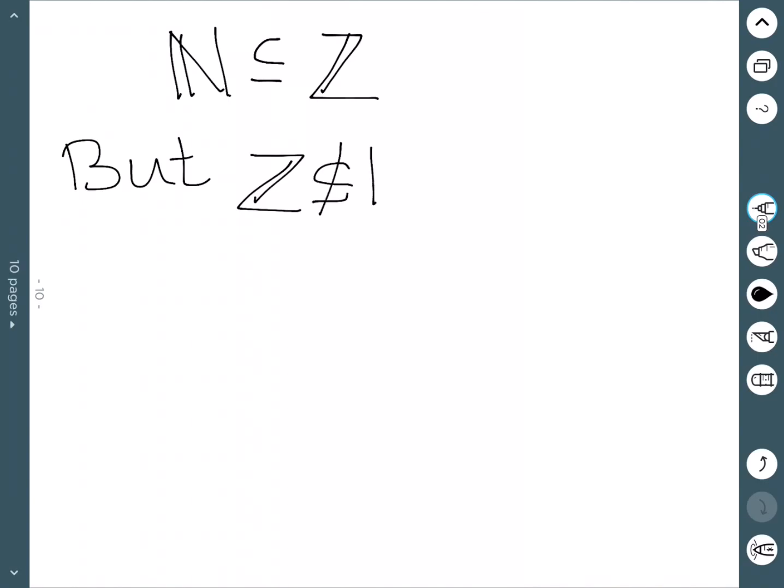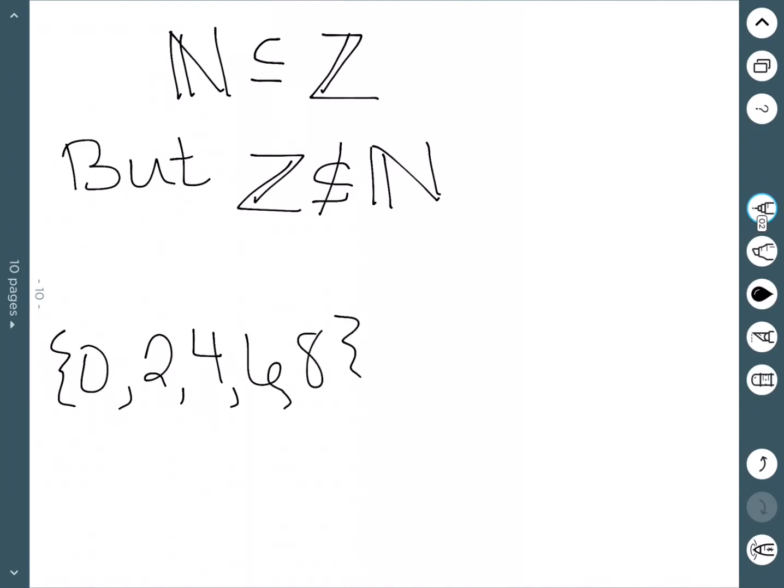Z is not a subset of N because, for instance, -1 is in the integers, but it's not a natural number. Another example, if I consider the sets I had earlier, I have that my first set of the even numbers 0 through 8 is a subset of the non-negative even numbers.